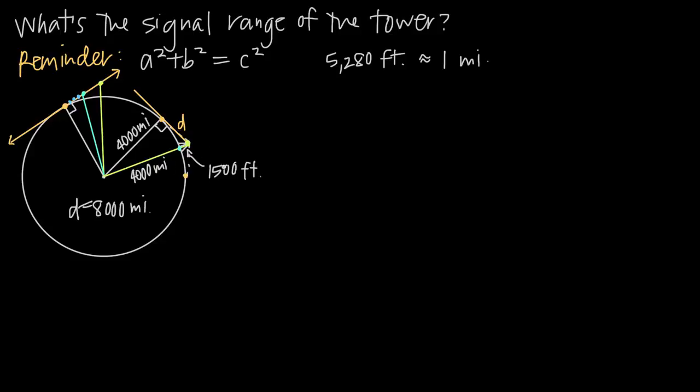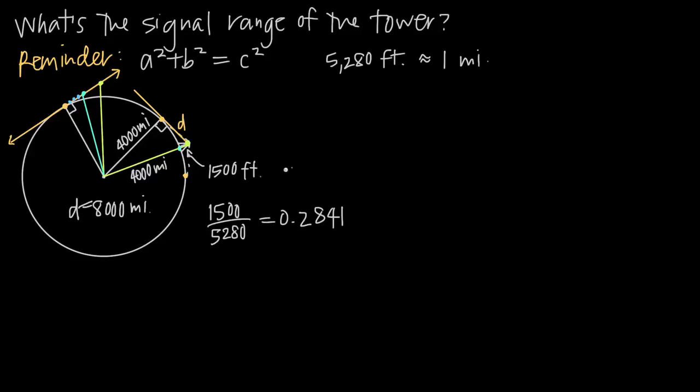But we can't really add miles and feet, so we need to convert 1,500 feet to miles. The way we do that is by recognizing that there are about 5,280 feet in 1 mile. So to get 1,500 feet in terms of miles, we take 1,500 and divide it by 5,280. When we do that, we get a decimal, about 0.2841 if we round it to 4 decimal places.